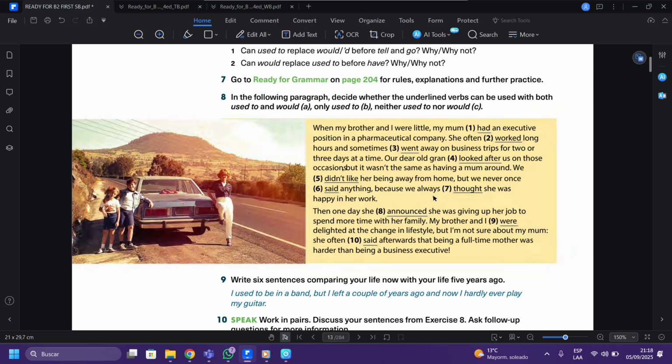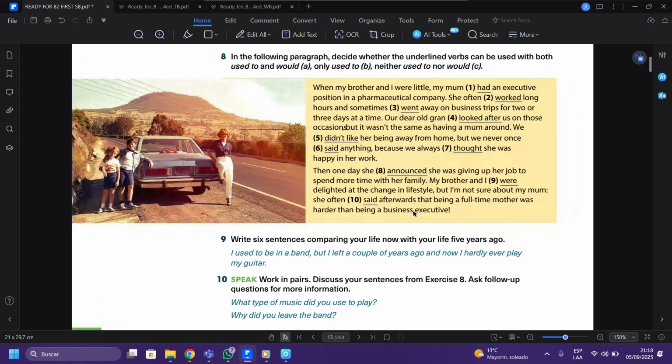That's it. Number 10, finally. But I'm not sure about my mom. She often said afterwards. We have number 10, said. We can say she often used to say, or she often would say, or neither. Neither, right? Yes, perfect.